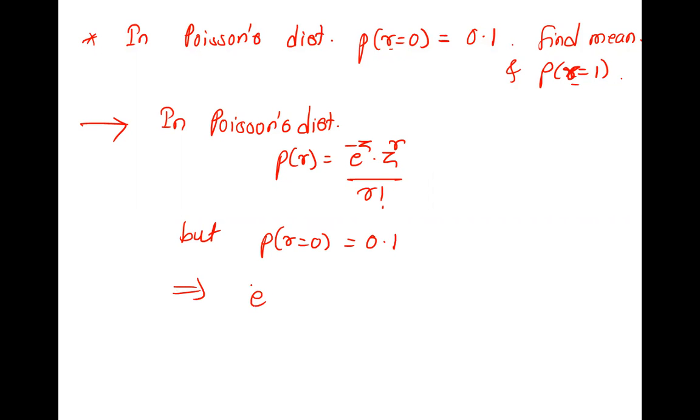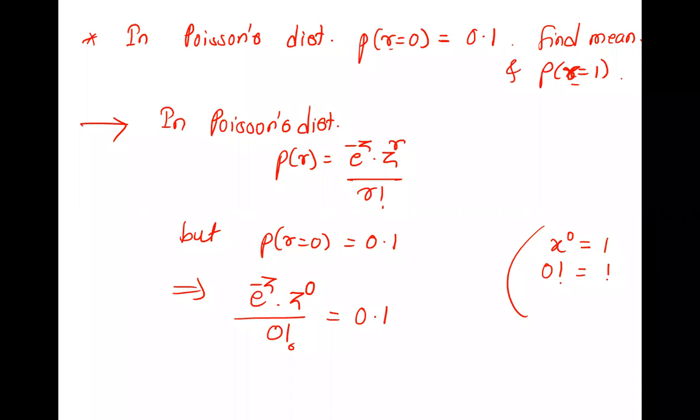So we get e raised to minus z, z raised to 0 upon 0 factorial is equal to 0.1. We know this: anything raised to 0, what is the value? 1. Right, and 0 factorial is also always 1. 1 factorial is also 1.